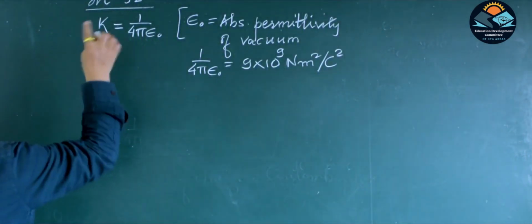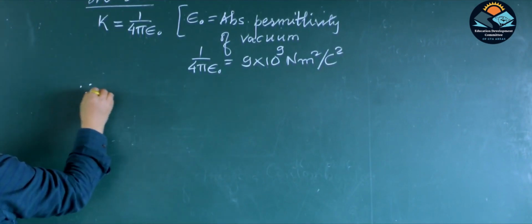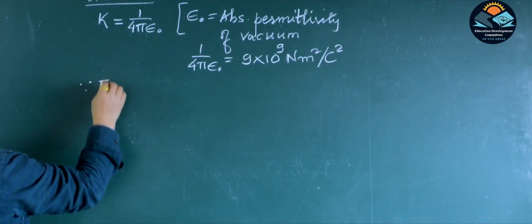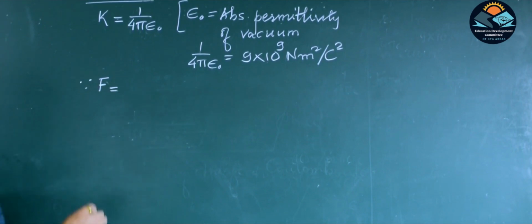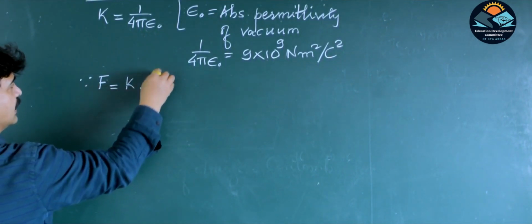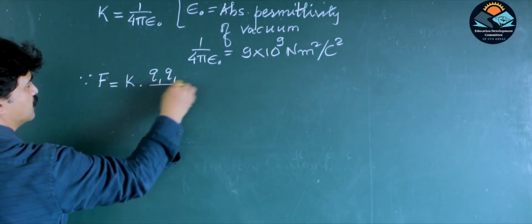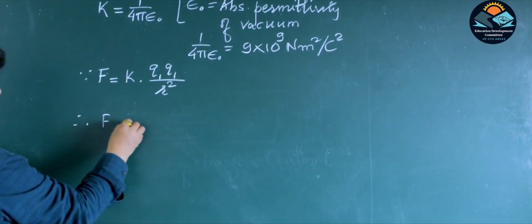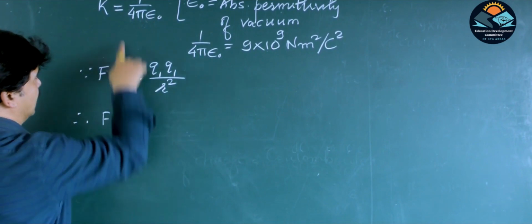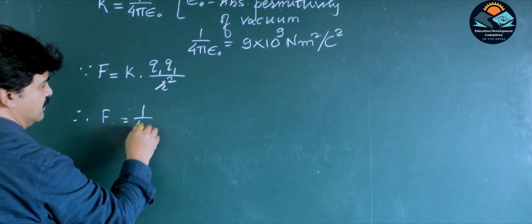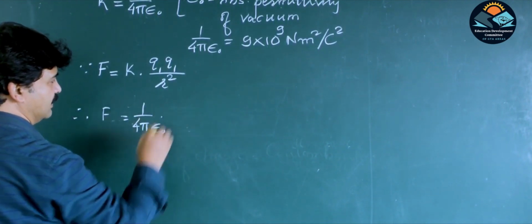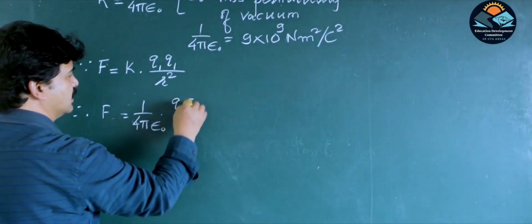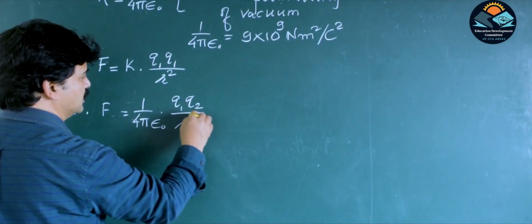Since we know that the force of attraction and repulsion between two charges is given by the formula K Q1 Q2 by R square, now we simply put the value of K. So it is 1 by 4 pi epsilon naught Q1 Q2 by R square.